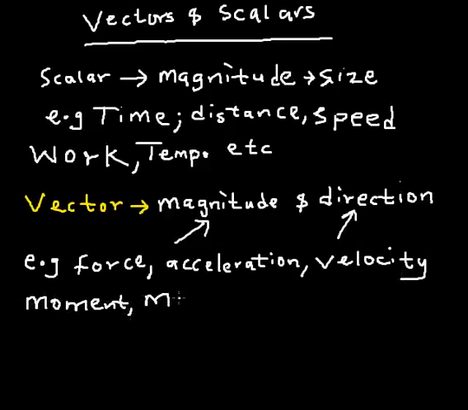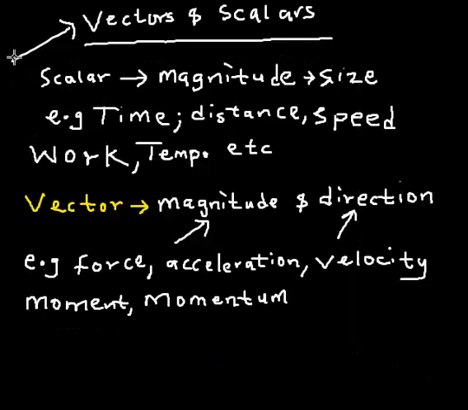Momentum, they are vector quantities. All these quantities, you don't just express them in magnitude, by their size. You also express the direction to which they act. So our major focus in this video tutorial is on vectors. So let's get to it.